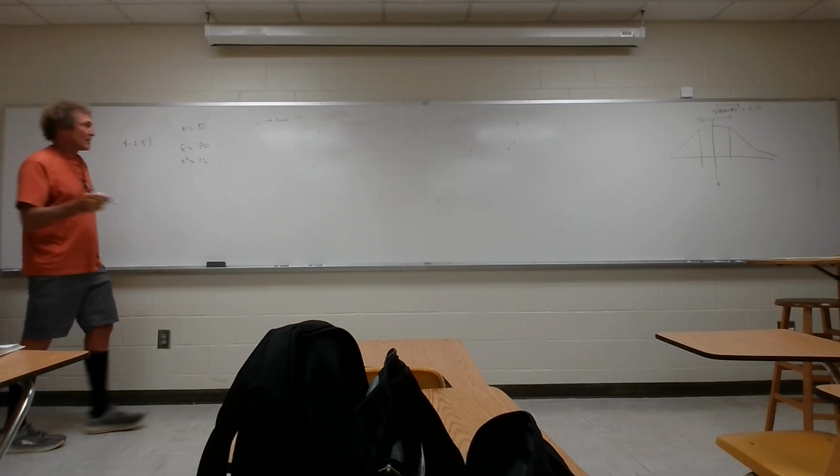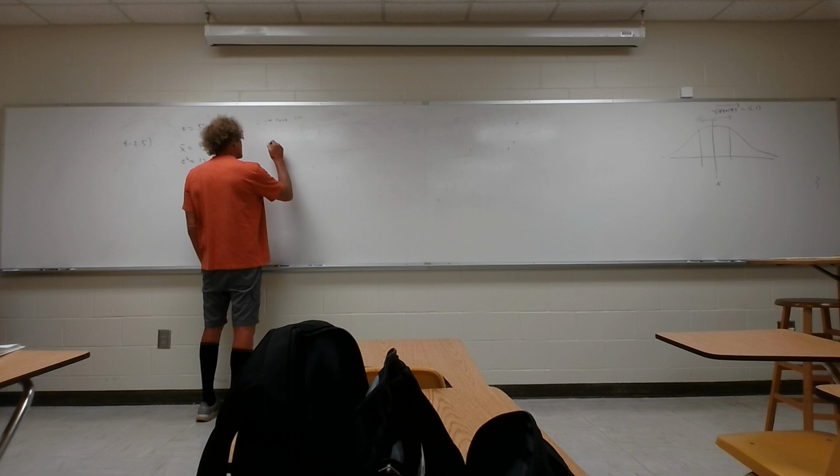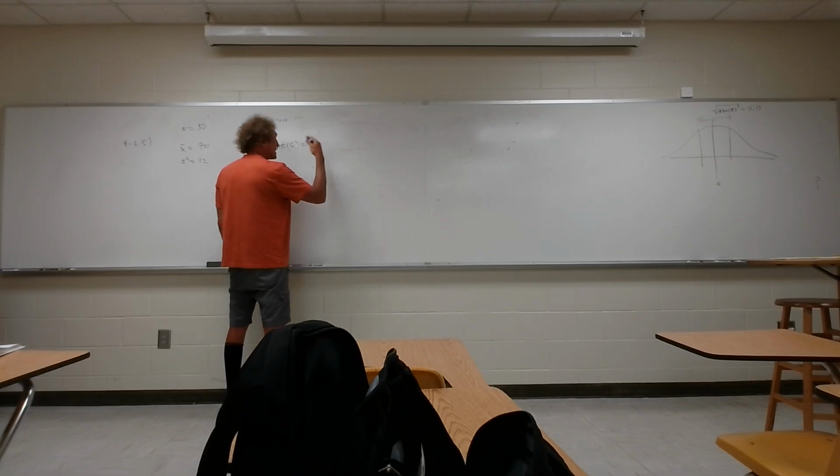All right, so now I'm just going to put the formula. So this is the variance of the samples is equal to, this is sampling without replacement, so it's sigma squared over n.